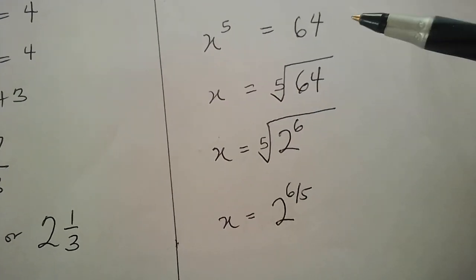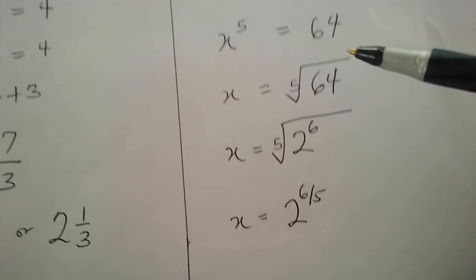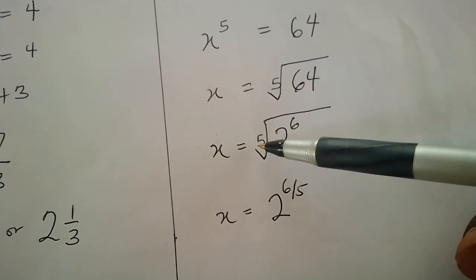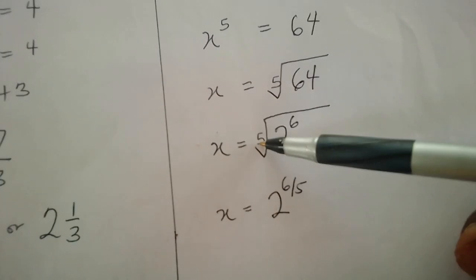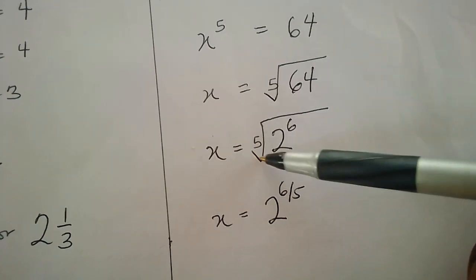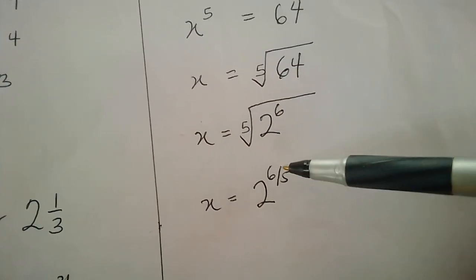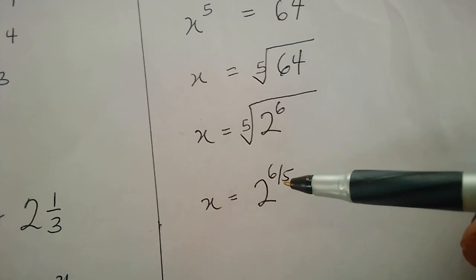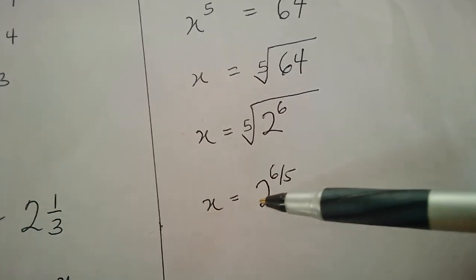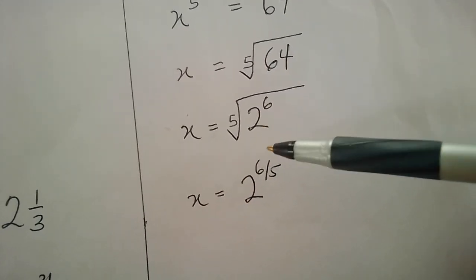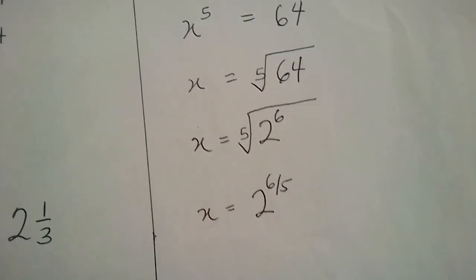We cannot easily find the fifth root of 64, right? We don't want to leave it as a root like this, so we can make it a fractional power. So x is equal to 2 raised to power 6 over 5. Thank you.